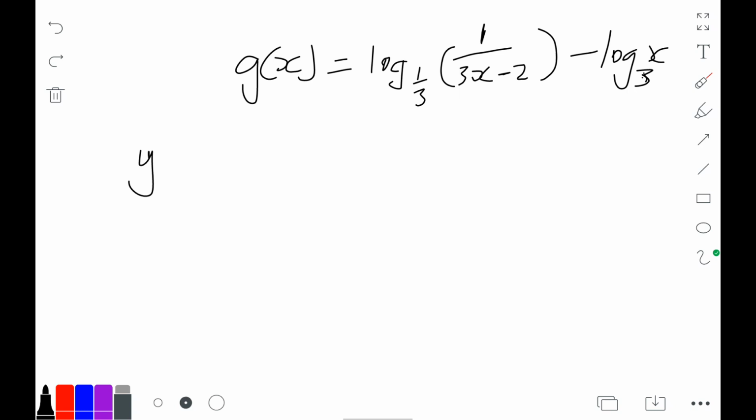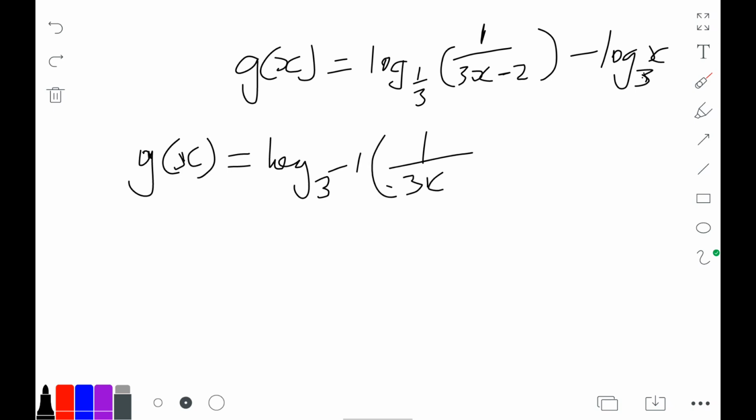We can rewrite g of x as equals to log of 3 to the power negative 1, in brackets 1 over 3x minus 2, minus log of 3x.